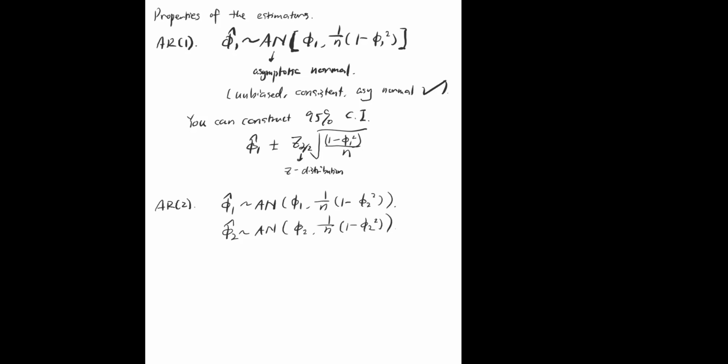Yeah, so you don't need to memorize this. The ultimate goal is to say that the estimator is a very good estimator. Yeah, but the point here is that let's suppose that the model is actually AR1, but we fit it as an AR2.